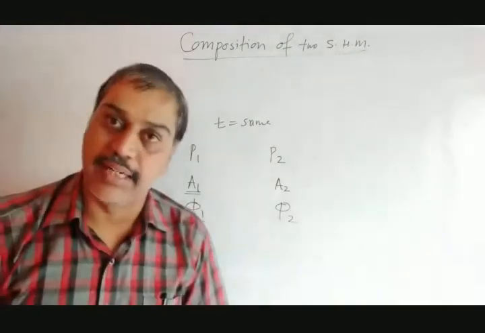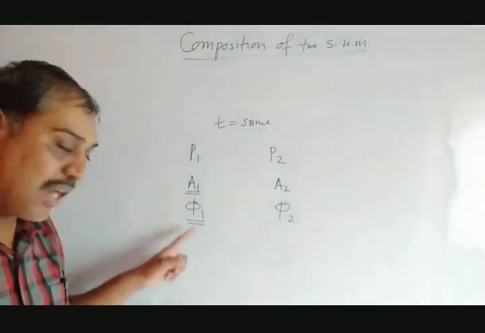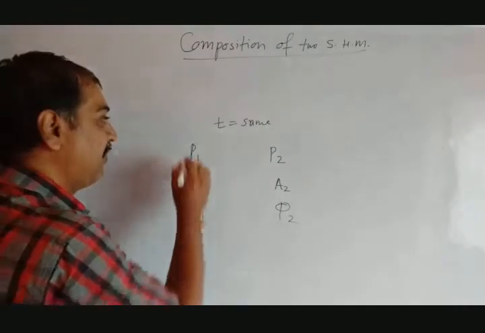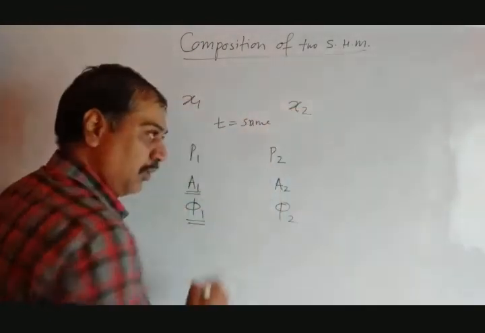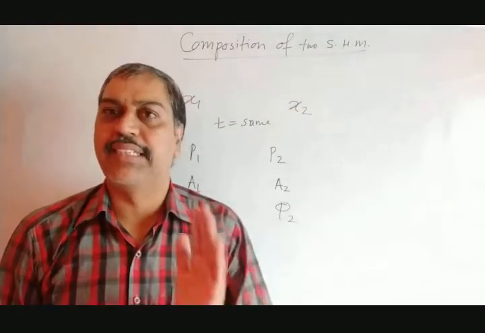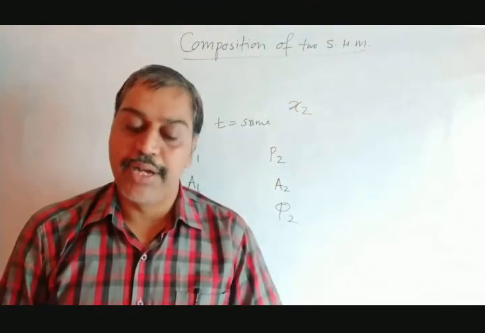Phase and amplitudes are different, time period is same. So as phase and amplitudes are different, they have different displacements. It has a displacement x1, it has a displacement x2. Such two particles performing simple harmonic motion with the same time period, the same periodic motions, but they have different amplitude and phase.